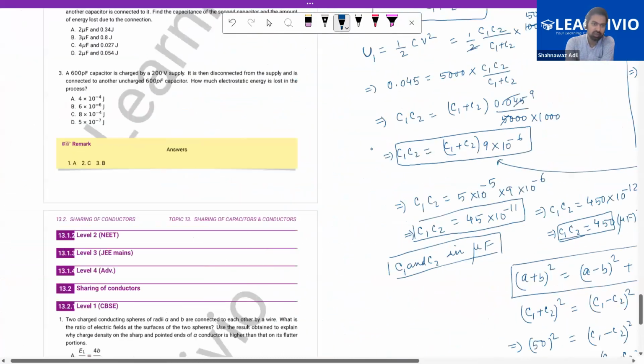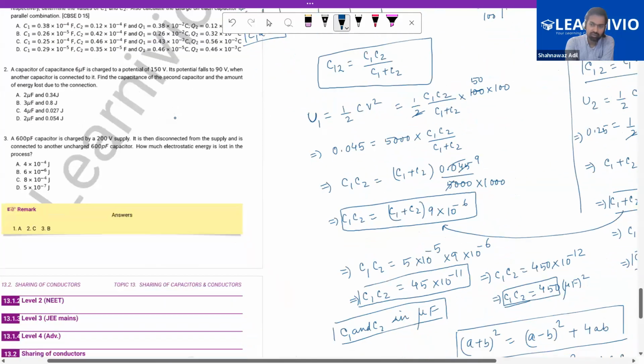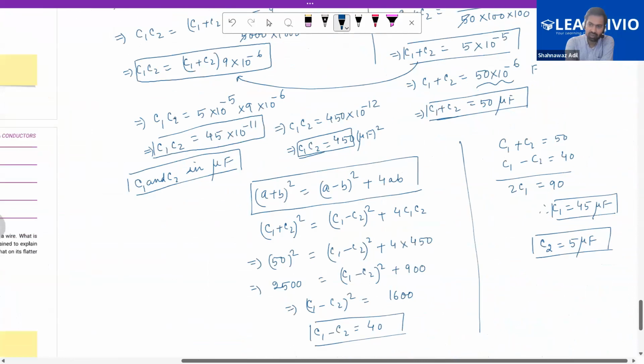So what are the options that we have? So we don't have any options. First A. So first A option, why do we have A option?